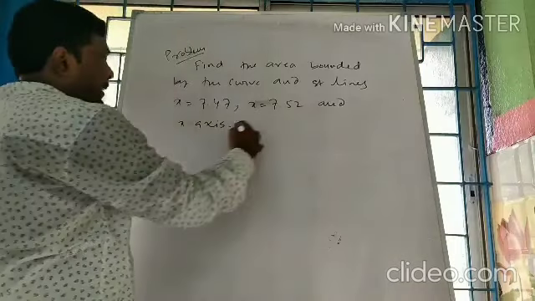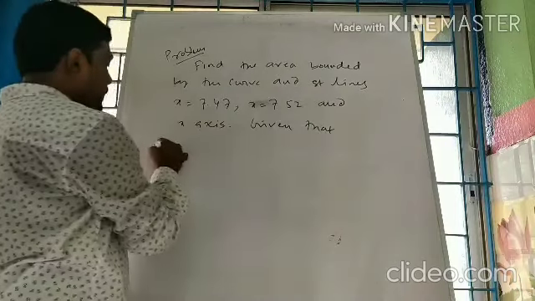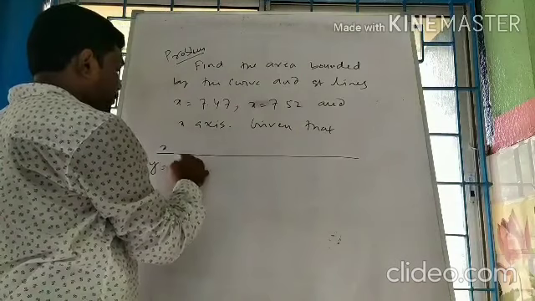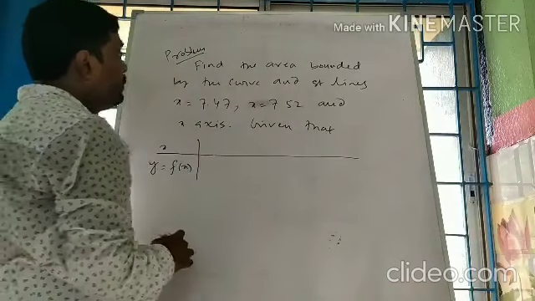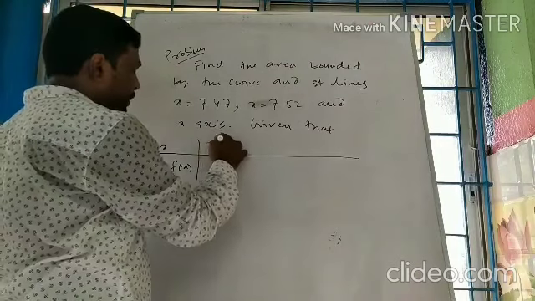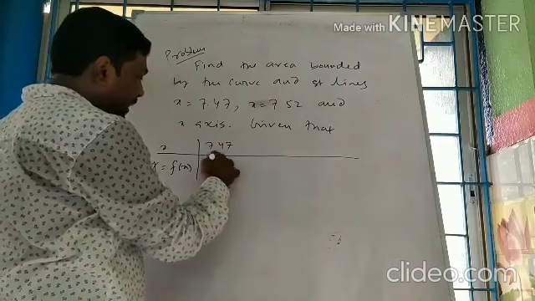Given that when x equals 7.47, y equals f(x) is 1.93.